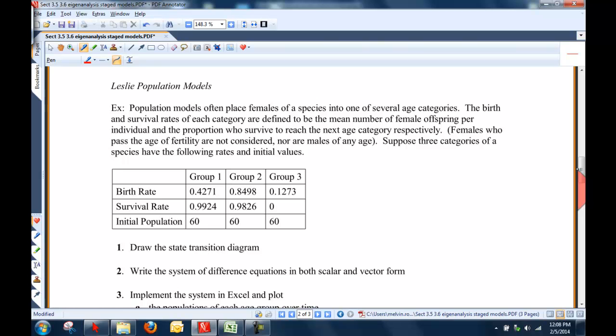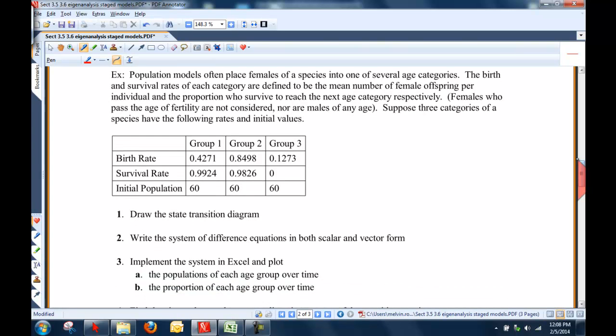And so for population growth, biologists track who's in each age category and then try to determine reproduction rates out of those individual categories. So here's a pretty simple case of that.